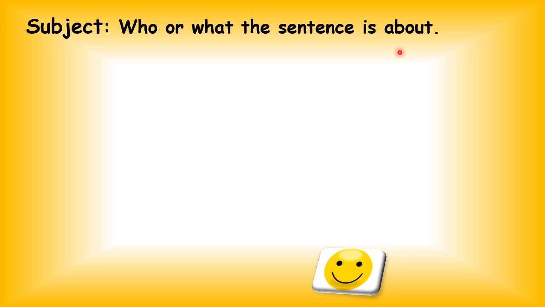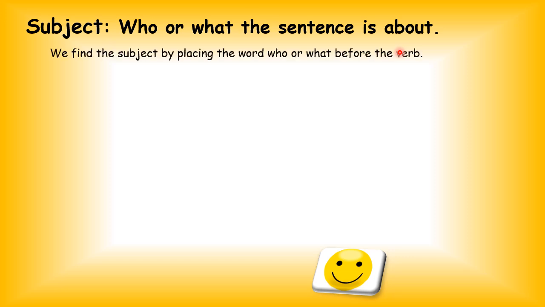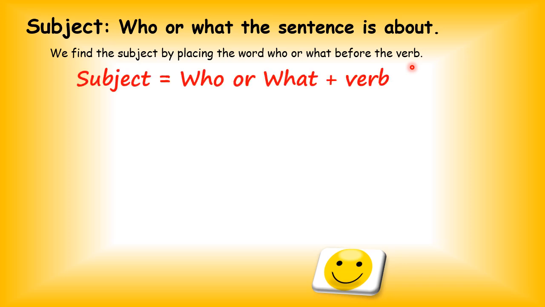Now the question comes, how to identify the subject of a sentence? Children, we find the subject by placing the word who or what before the verb. Here is a formula to find the subject. We simply add who or what before the verb and we get the subject. Is it clear, children?